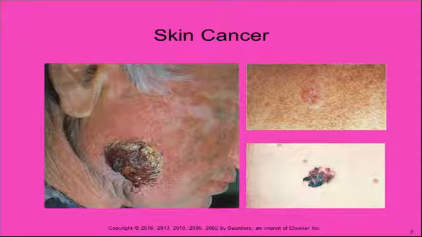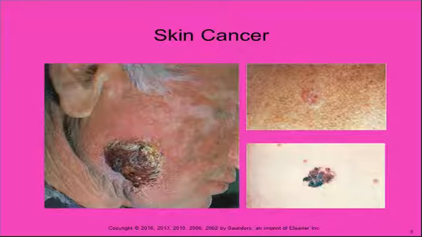This picture is of some more well-known skin cancers. The first picture that we have here is of a basal cell carcinoma. Basal cell carcinomas arise from the basal cell layer of the epidermis, which again is the first layer of your skin.